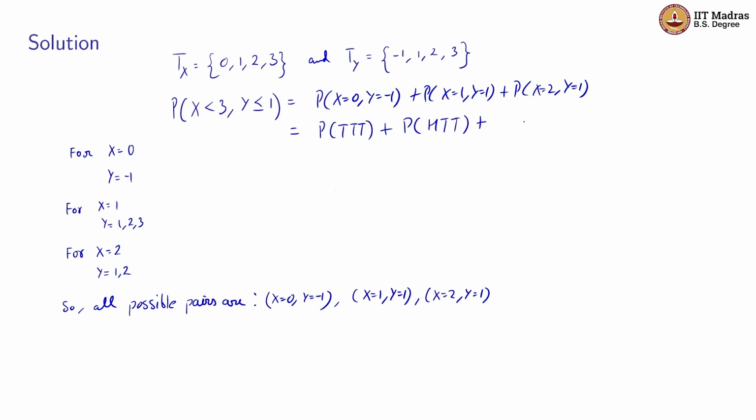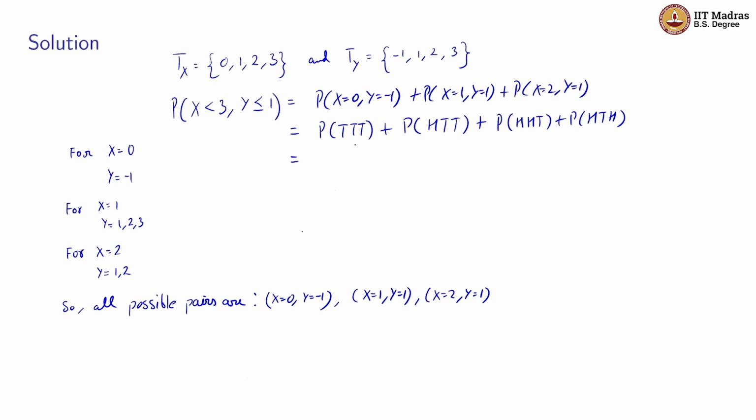And probability of X equal to 2 and Y equal to 1 means that we get 2 heads and the first head occurs on the first flip. So this will have two cases. The first is when we have head head tail, and the other case is when we have head tail head. So probability X equal to 2 and Y equal to 1 will be equal to the probability of getting head head tail plus the probability of getting head tail head.